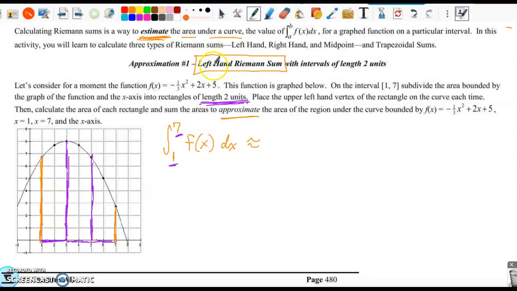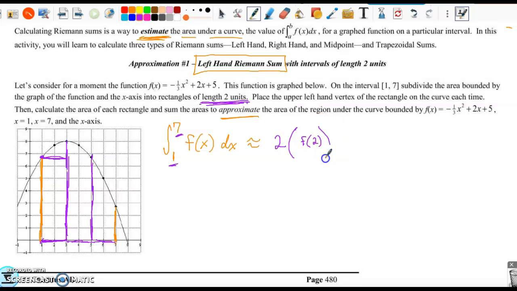So where does the left come into play? Between the 1 and the 3, we care about the height of the function on the left side, and we end our rectangle. Hopefully you see the rectangle there, which has a width of 2 and a height of about 6 point something, but you can figure it out by doing f of 2.